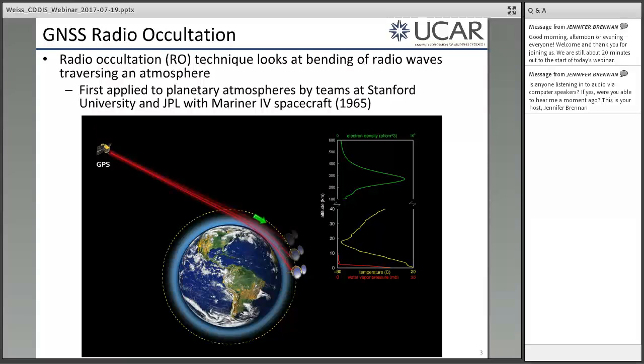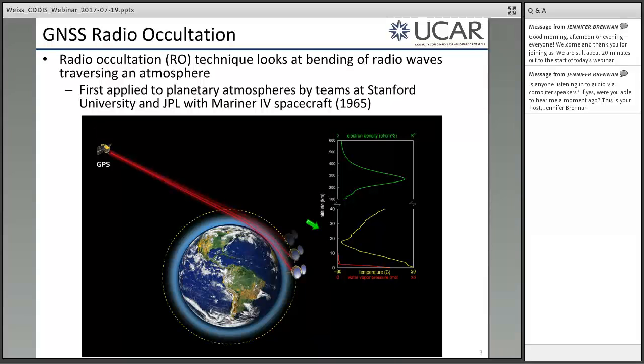And primarily, the fundamental quantity that is computed is known as the bending angle, and we'll talk about that a little bit later. And from that bending angle, which is sort of illustrated here, you can see the bending of the signals. Then you can get to a measure of the density of the atmosphere, which is refractivity, and from refractivity you can get to things like temperature.